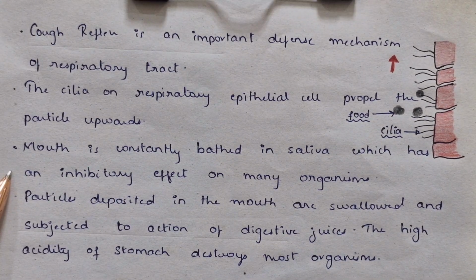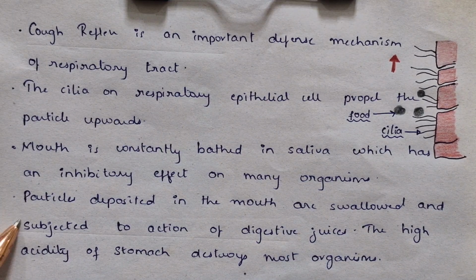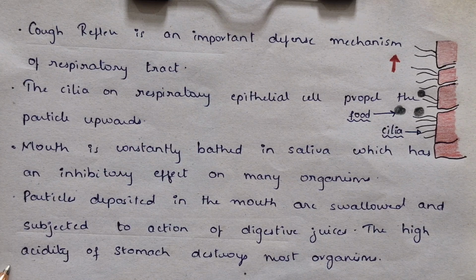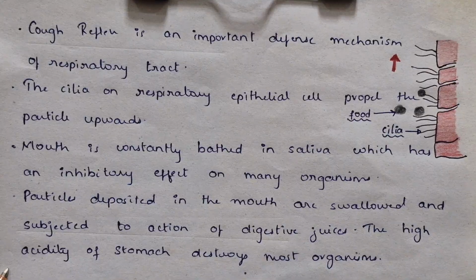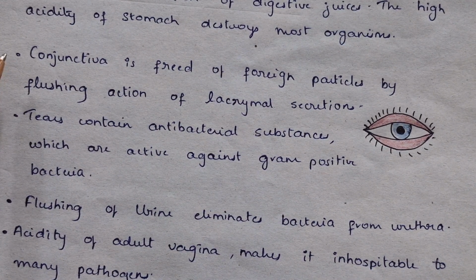The mouth is constantly bathed in saliva, which has an inhibitory effect on many organisms. The particles deposited in the mouth are swallowed and subjected to the action of digestive juices. The high acidity of the stomach destroys most of the organisms. The conjunctiva is freed of foreign particles by the flushing action of the lacrimal secretions.